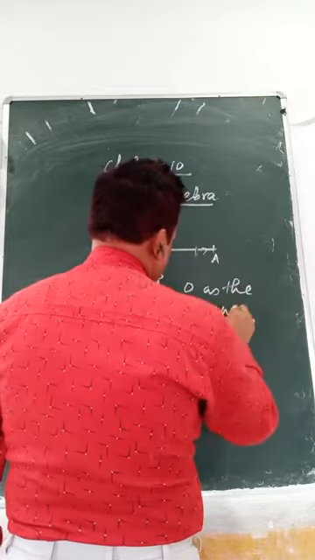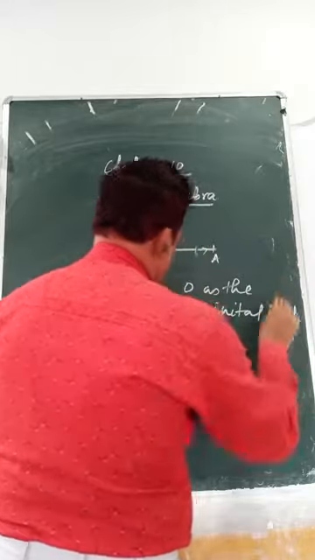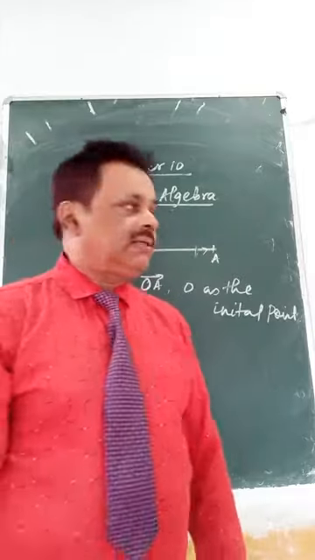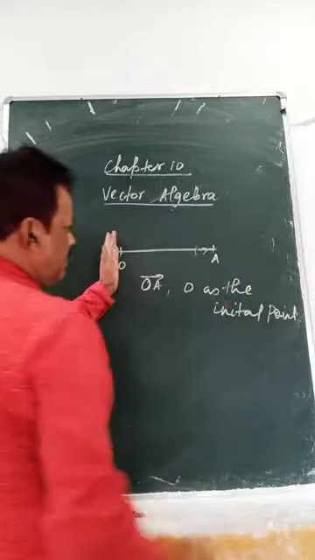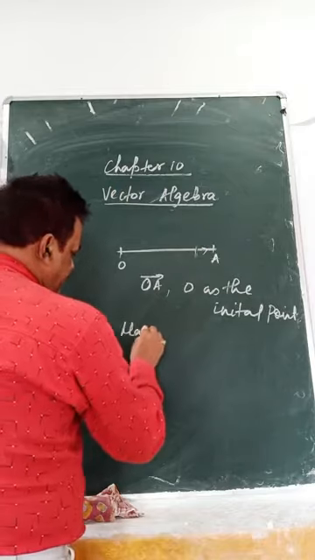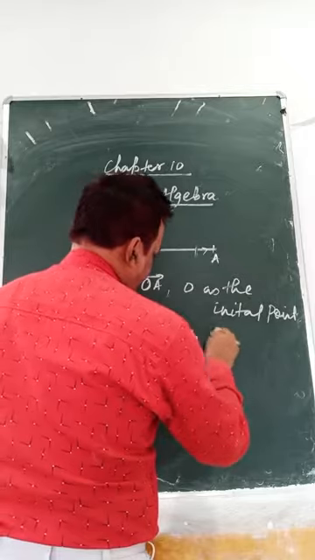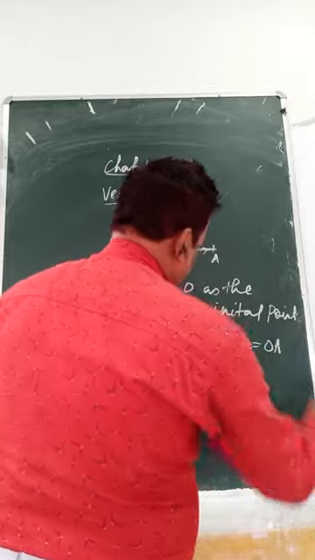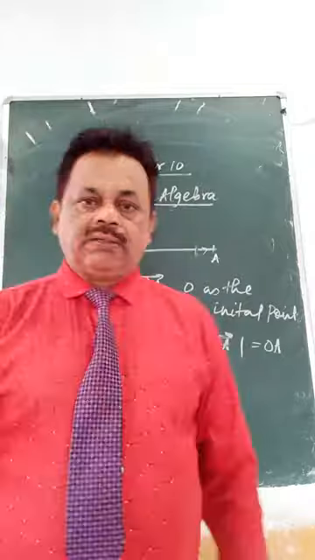If it is origin, then with reference to origin we will discuss that. If I ask what is the length of this line, we will call it the magnitude. Magnitude of OA vector means only the length, that is OA. So having magnitude and direction is called a vector.